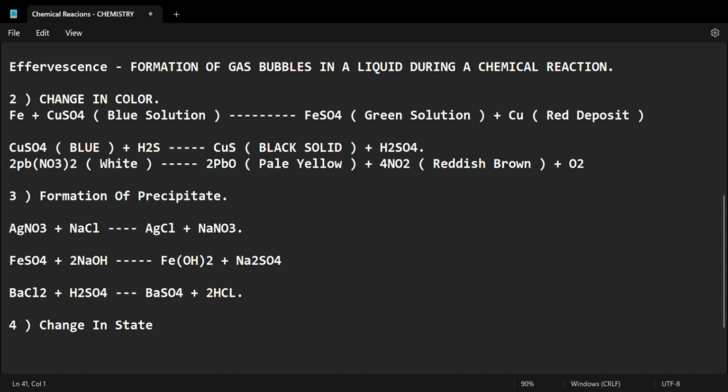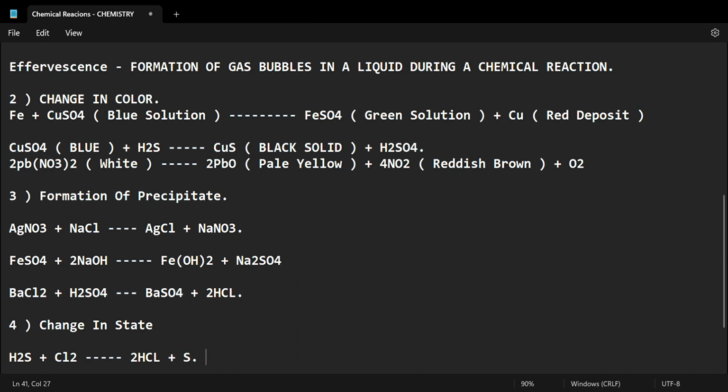Now, change in state: H2S is hydrogen sulfide. H2S plus Cl2 becomes 2HCl, which is hydrogen chloride, plus S. What is S?